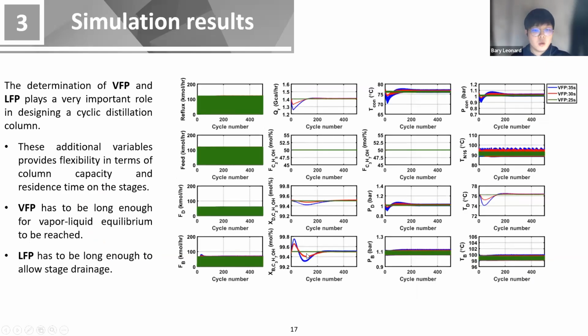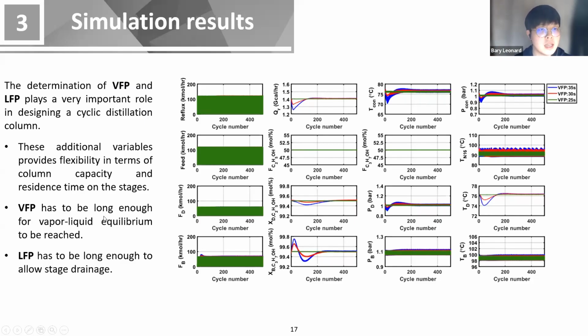So with cyclic distillation, we actually have two additional variables. We call them VFP and LFP, which are just the time, how long the vapor flow period and the liquid flow period would be. But the determination of these two parameters is actually very important.